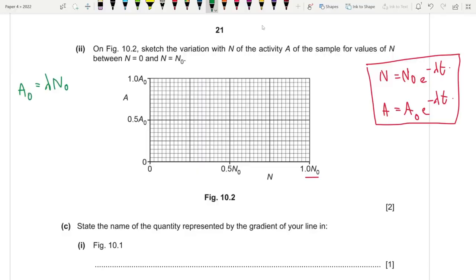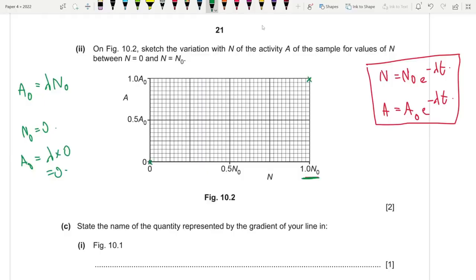Also, when the number of unstable nuclei is 0, the activity will also be 0. So we got our 2 points. When A is 0, N is also 0. We also know that when we have 1 times the number of unstable nuclei, we will also have 1 times the initial activity.